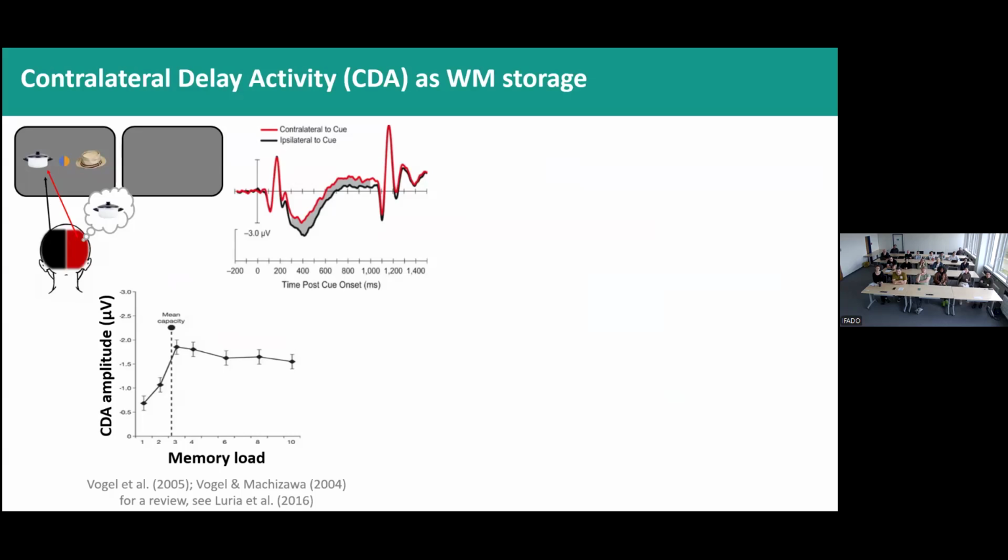The idea here is that compared to the level of the CDA when people store new items, the CDA is basically a measure of how many items you have in working memory. If you have smaller CDA, then it would imply that people are not relying on working memory to the full extent. This slide, I will describe the CDA, so it should hopefully be a little clearer. But if by the end of this slide your question is still there, maybe then.